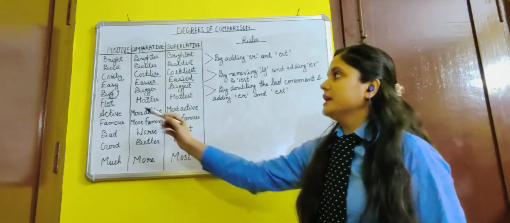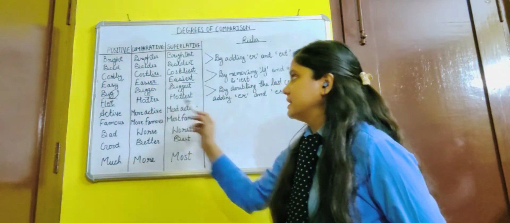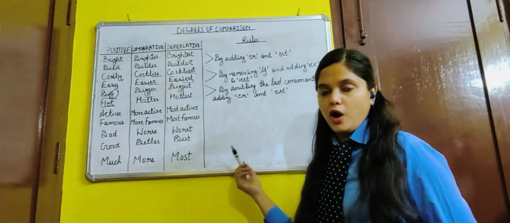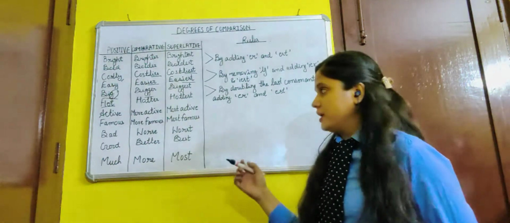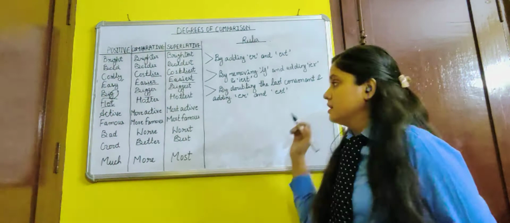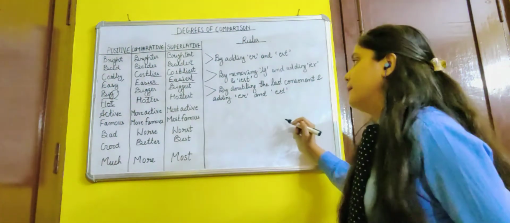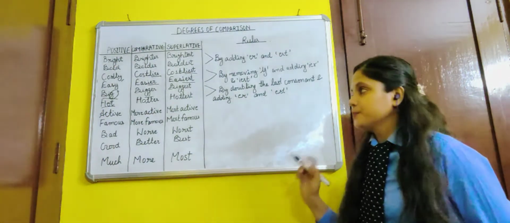As you can see, we made bigger and biggest from big, and hotter and hottest from hot, and we can make fatter and fattest from fat. So in this way we can make comparative and superlative degrees from the positive.